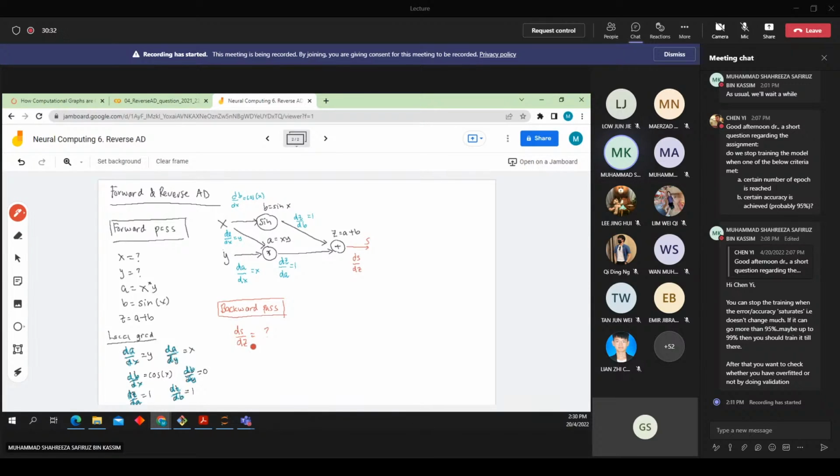We haven't set it. And then using the chain rule, we can do this: the partial derivative of s with respect to b, because of the symmetry of the chain rule.